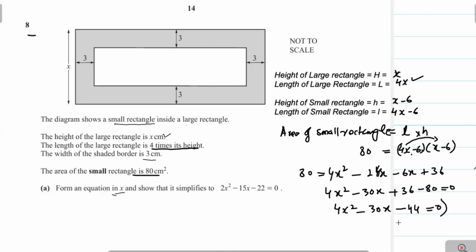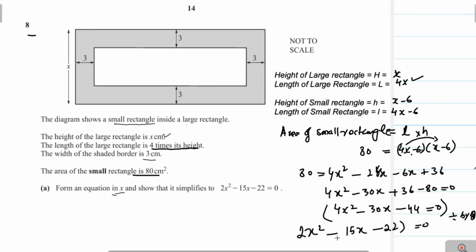We divide this equation by 2, sorry. This equation we get 2x squared, and 2 times 15 is 30, so 15x, 2 times 22 is 44, and this equation becomes 0.